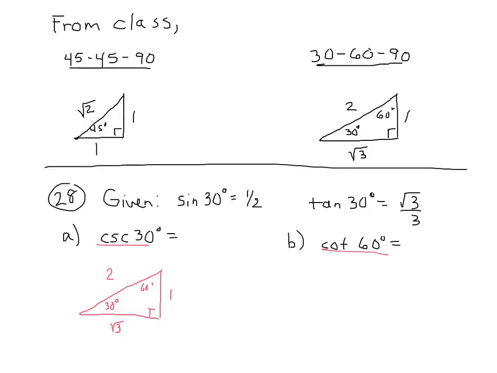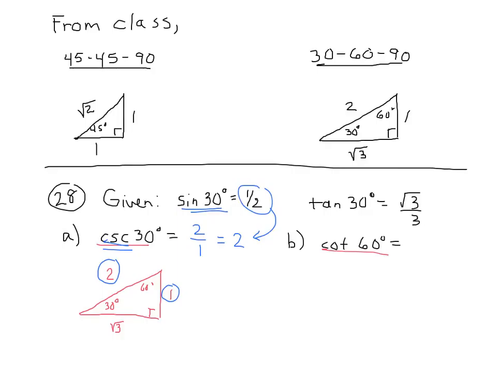So with that in mind, cosecant is a reciprocal of sine, so it's hypotenuse over opposite. For the first one, hypotenuse over opposite would be 2 over 1, or 2. Or I could just say cosecant is a reciprocal of sine, so I could flip that over and get its reciprocal. So, a couple options.